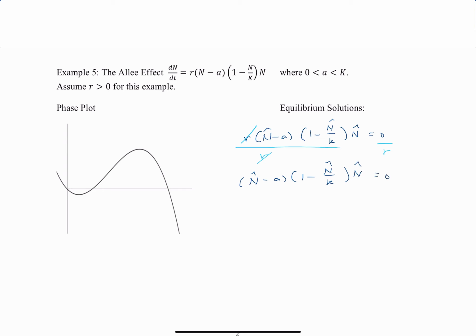So either n hat minus A equals 0 or 1 minus n hat over K equals 0 or n hat equals 0. Solving these, we get n hat equals A or n hat equals K or n hat equals 0.